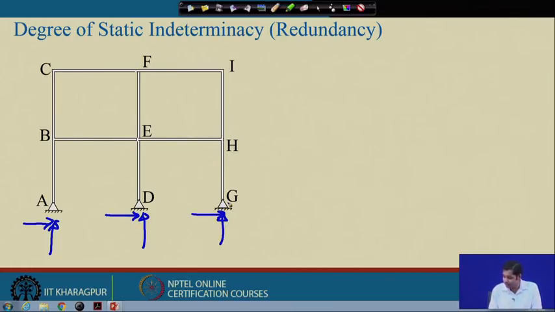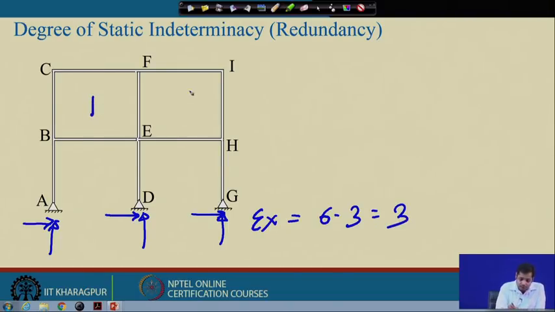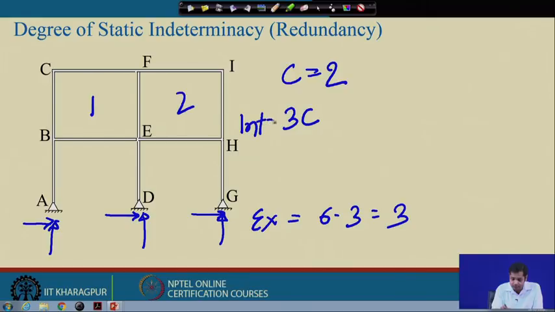So, external indeterminacy is 6 minus 3, equal to 3. And what about internal indeterminacy? We have 1 closed loop here, and 1 closed loop here, so total closed loops C is equal to 2. So, internal indeterminacy is 3C, which is equal to 6. So, total indeterminacy is 6 plus 3, which is 9.